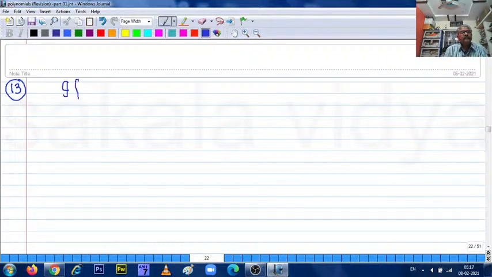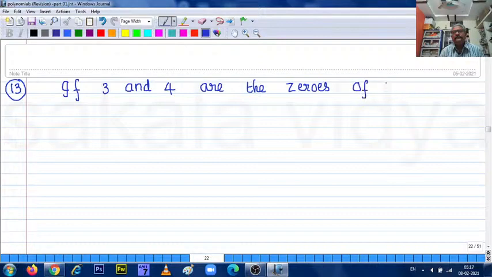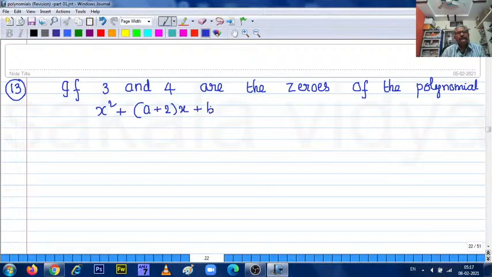If 3 and 4 are the zeros of the polynomial x square plus (a plus 2) times x plus b, then find a and b. So this is the question.